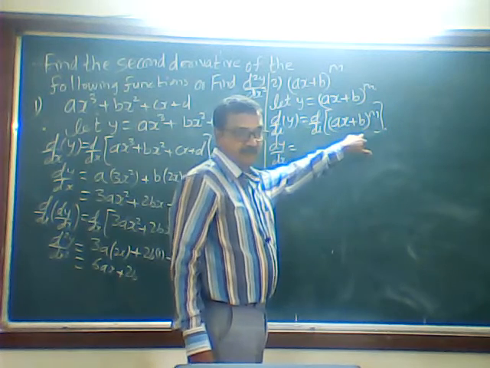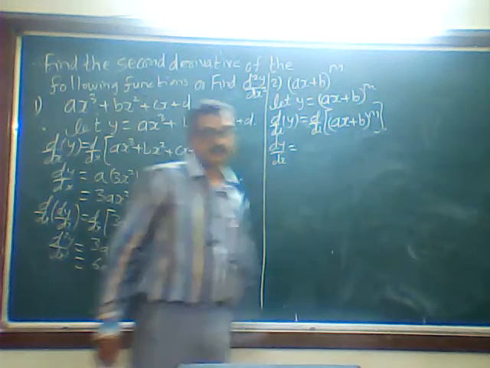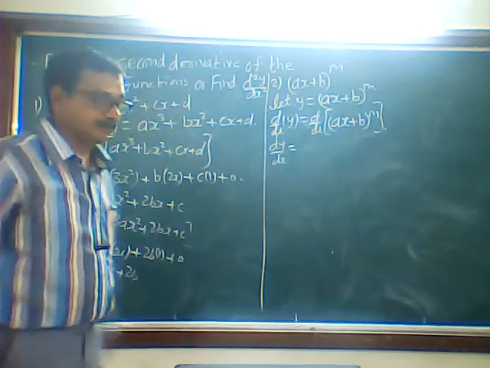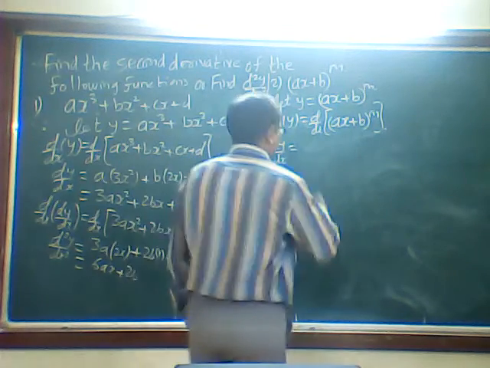So ax plus b, you assume it as x raised to m. d by dx of x raised to m will be what? m times x raised to m minus 1.